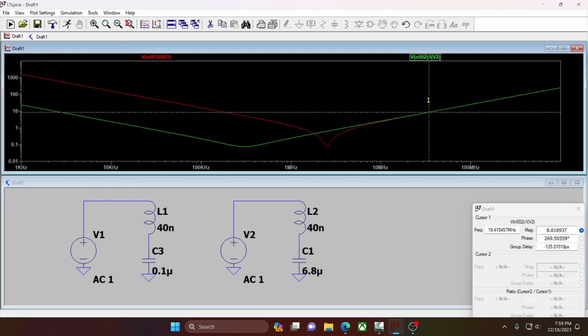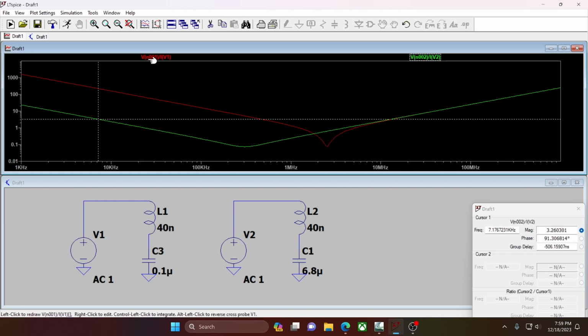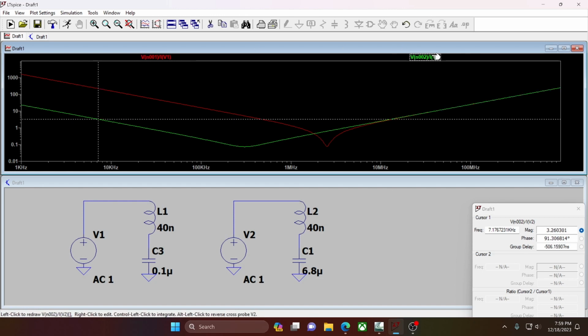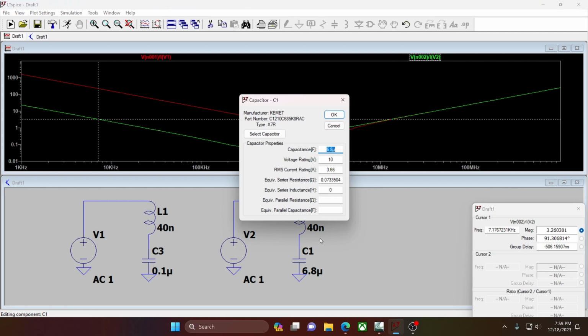High frequency stuff doesn't change at all. But low frequency, holy moly. Where are we at? 7 kilohertz? We go from 221 all the way down to 3. Wow. Okay. Well then.